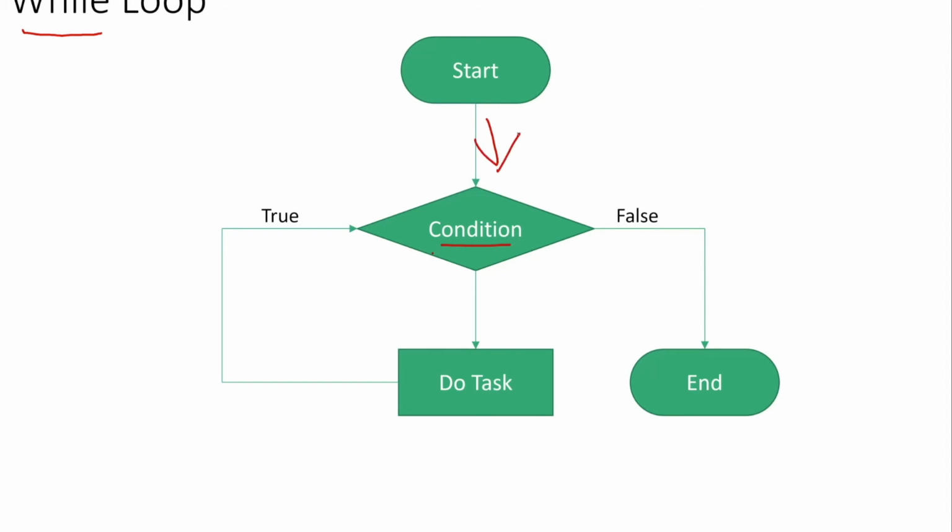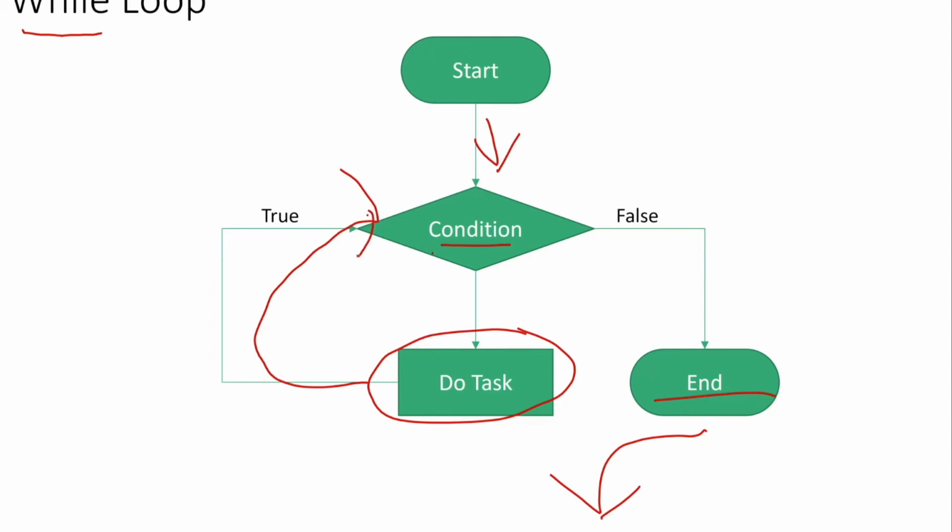And if this condition is false, it will just end the loop and continue with the rest of the program. If not, it will go down here and do whatever task you have set for it to do. After the task is done, it will go back to the condition. Check the condition again. If it's true, go to the task. If it's false, just end the loop.